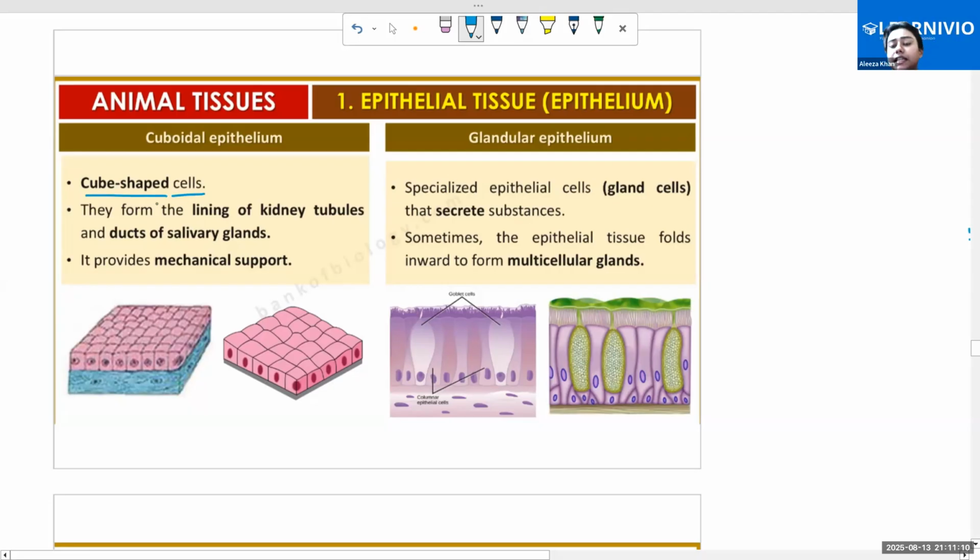Now where are they present? Within the lining of the kidney and ducts of the salivary glands. Where are your salivary glands present? I think pancreas.